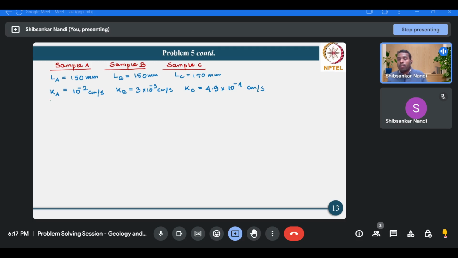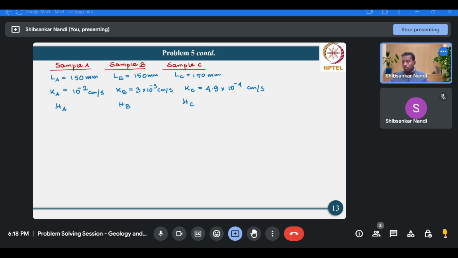And lastly, the head loss over sample A we are denoting as HA, for sample B HB, and for sample C HC.